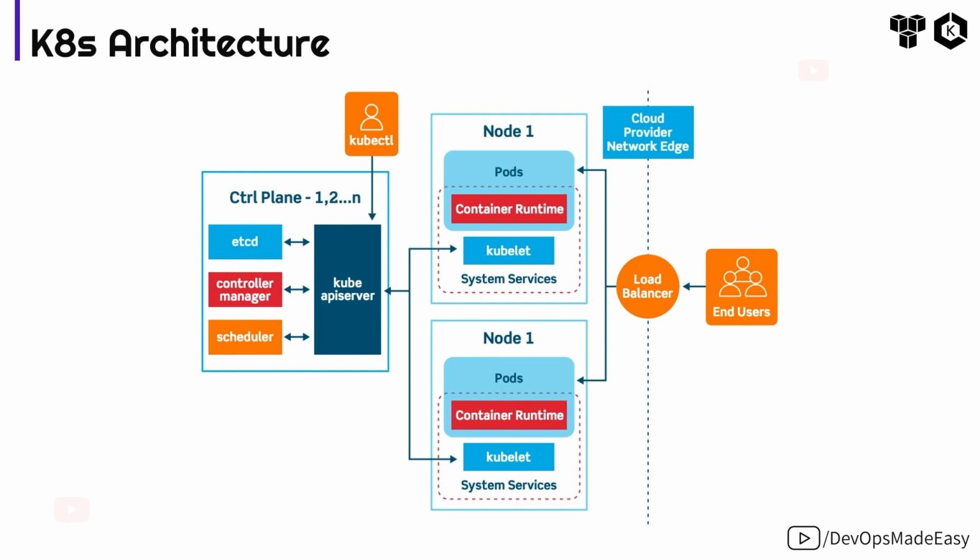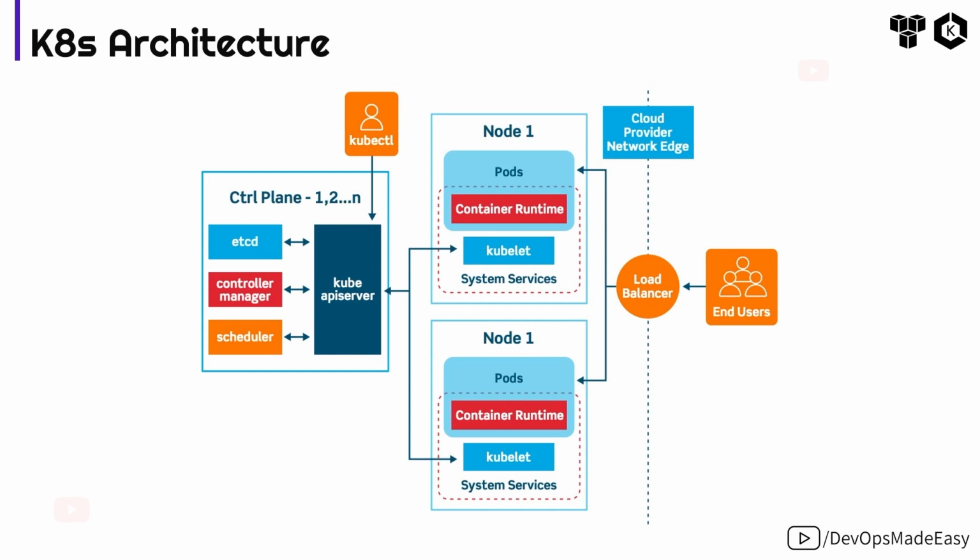And coming to the other components, we have etcd, which is a distributed key value store, which stores complete information about the cluster. And then we have the controller manager, which controls various states inside the Kubernetes cluster, managing the replicas, managing the endpoints. There are a lot of controllers present, and those are all managed by the controller manager.